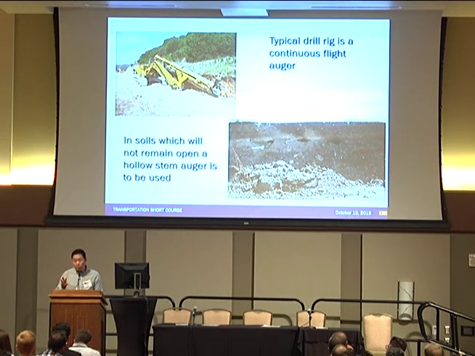Typically the hole is not going to stay open during construction, so in this case you may need a special technique. Typically we use a hollow core bar. Basically with a hollow core bar, you drill and grout the hole at the same time, so you do not need to worry about hole stability.